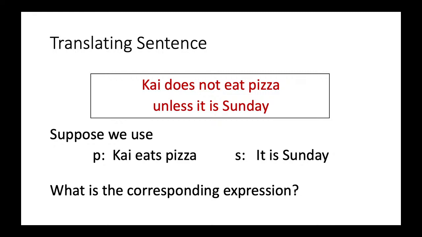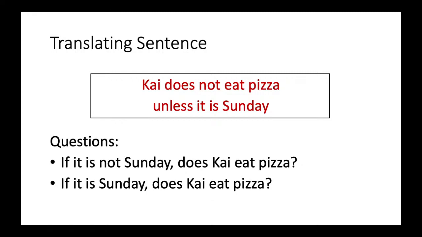So I have two questions for you. Let's make sure we understand the setting. The first one is, suppose that it is not Sunday. Will I eat pizza? First of all, it says unless it is Sunday.